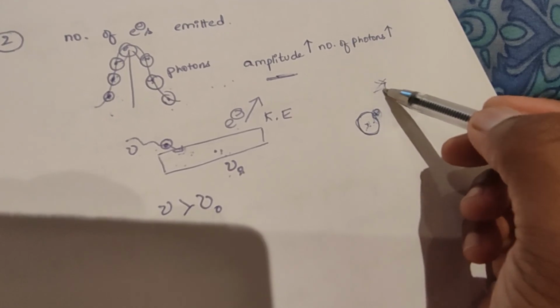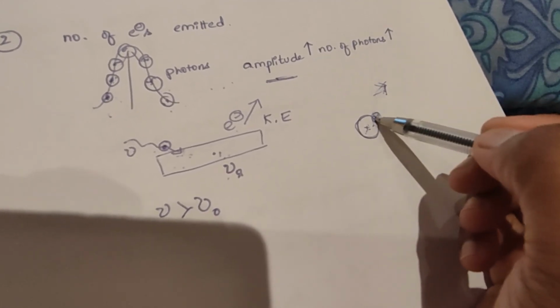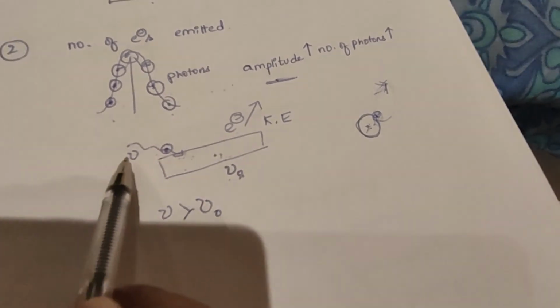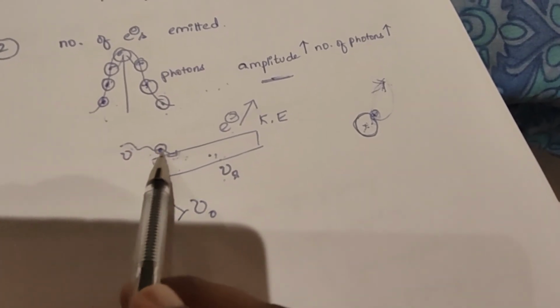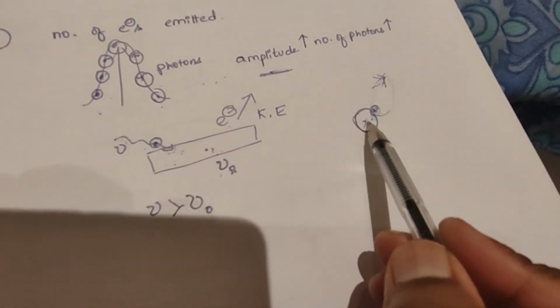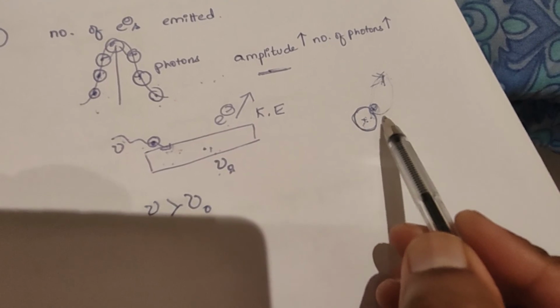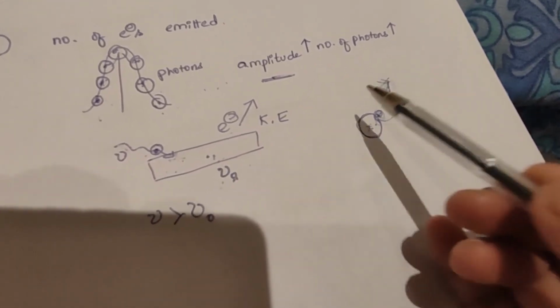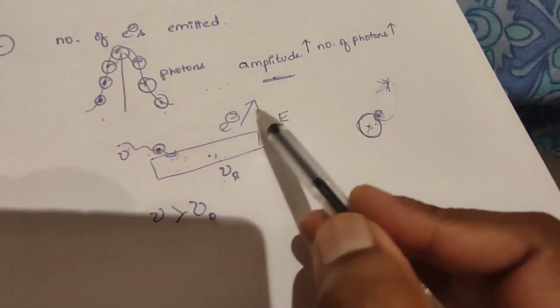Due to this movement, the static energy gets converted into kinetic energy. So energy absorbed from the photon is utilized to overcome the nuclear attraction, that is the threshold frequency of the metal, and then the kinetic energy.